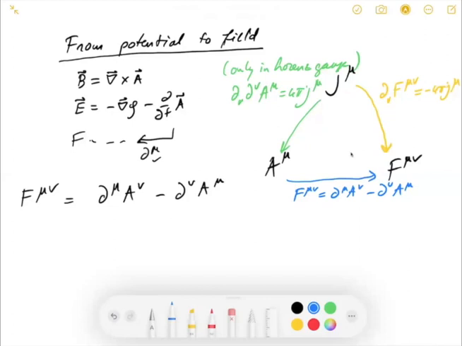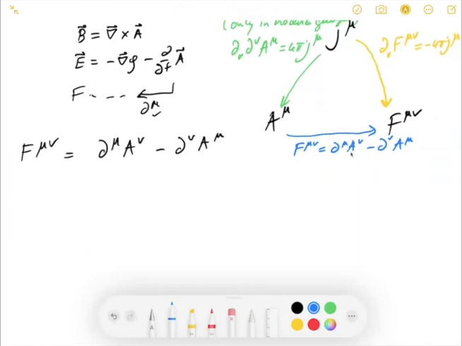That's the nice thing about writing it this way, but it is quite a lot of work to actually get here if you want to do this from first principles. But what we can do is verify the following.